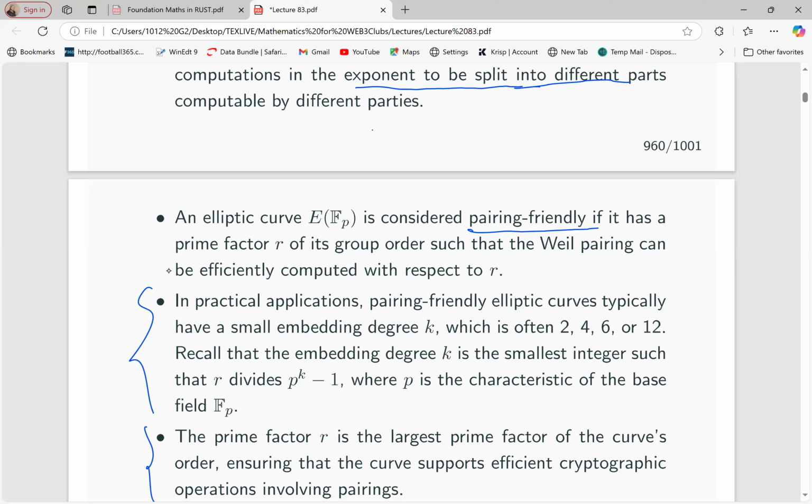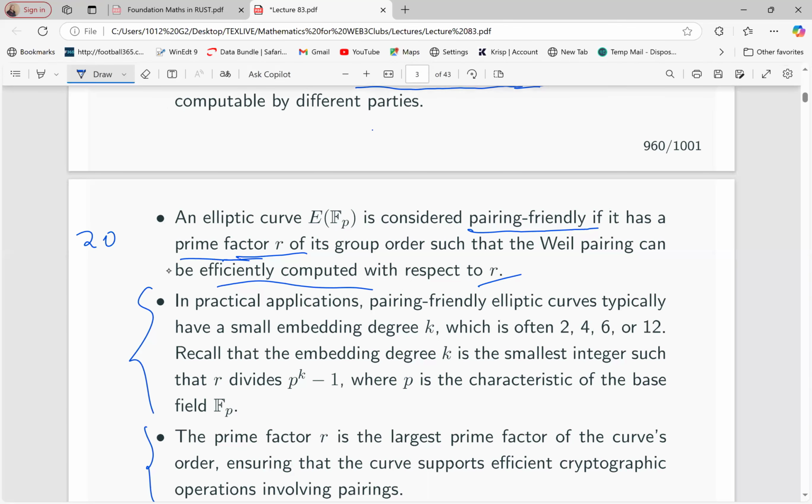And the thing is that they must have a prime factor R, and this prime factor R should be one that can allow efficient computation of Weil pairing with respect to R. The prime factor here, I said, for instance, if the group has 20 points, the prime divisors of 20 are 2 and 5.